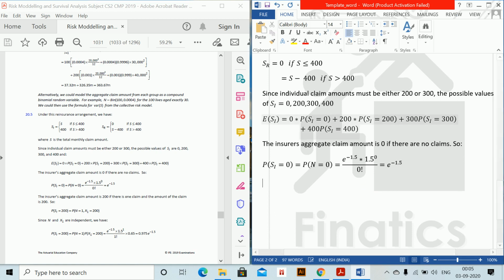Next, the insurer's aggregate claim amount is 200 if there is one claim and the amount of claim is 200.